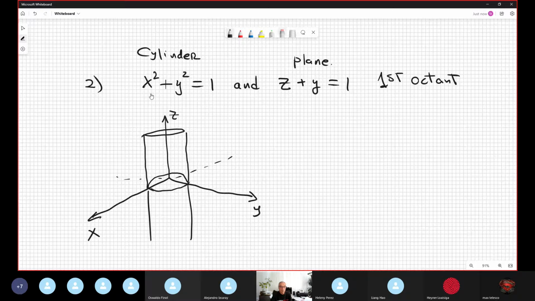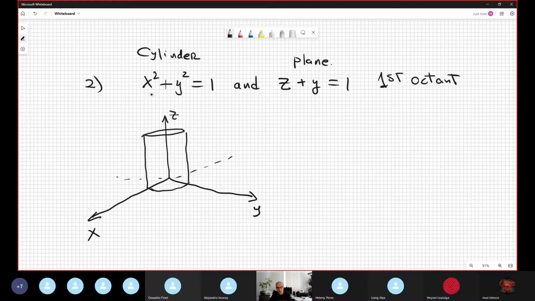Okay, entonces not that part. And the plane. The plane is a little bit complicated. No, it's not complicated. It's z plus y equal 1.